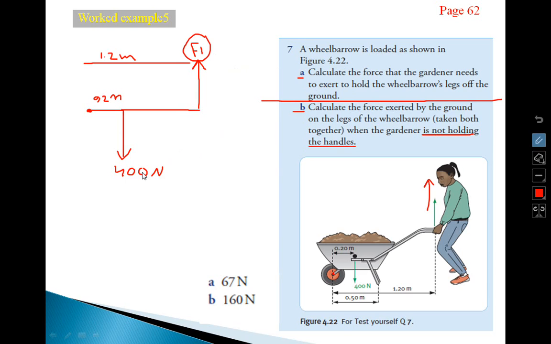So we have two moments, clockwise and anti-clockwise. The 400 Newton force is moving clockwise.